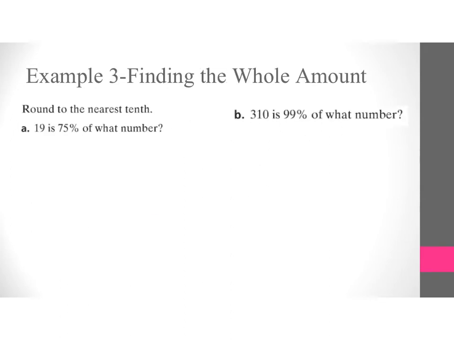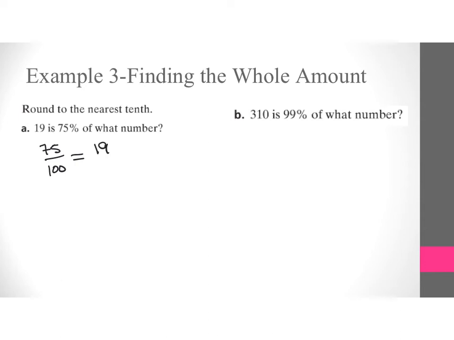Now another way we could be given a question is it says find the whole amount. So it says 19 is 75% of what number? So again, we're dealing with 75%, so I know that that will be 75 over 100. And it says 19 is 75% of what number?